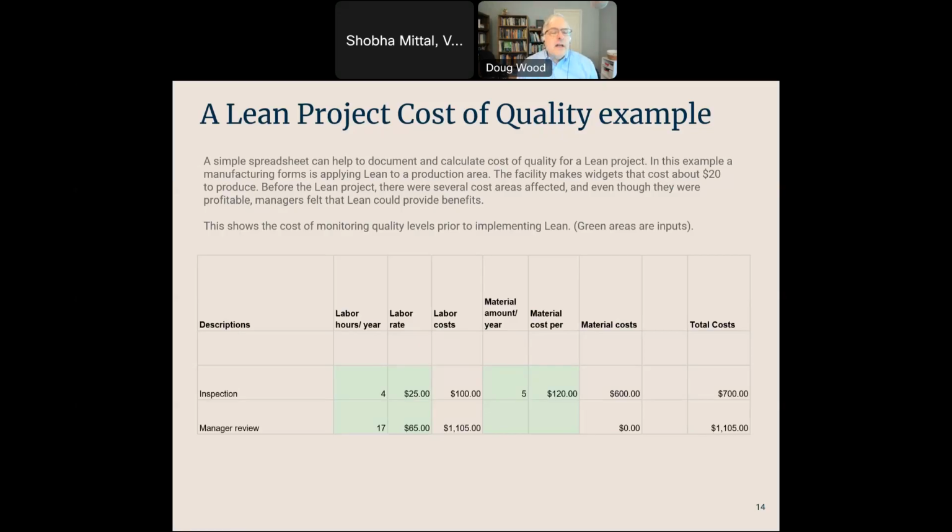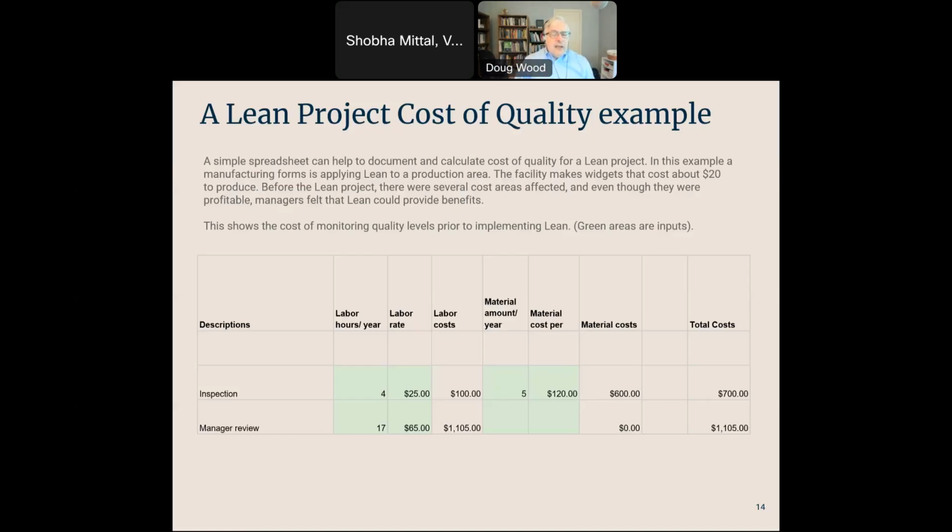And they cost about $20 each to produce. Before the lean project began, there were several cost areas affected. And even though they were profitable, again, company still making money, the managers felt that lean could provide some kind of a benefit. So let's look at the cost of monitoring what's going on before you begin implementing lean.